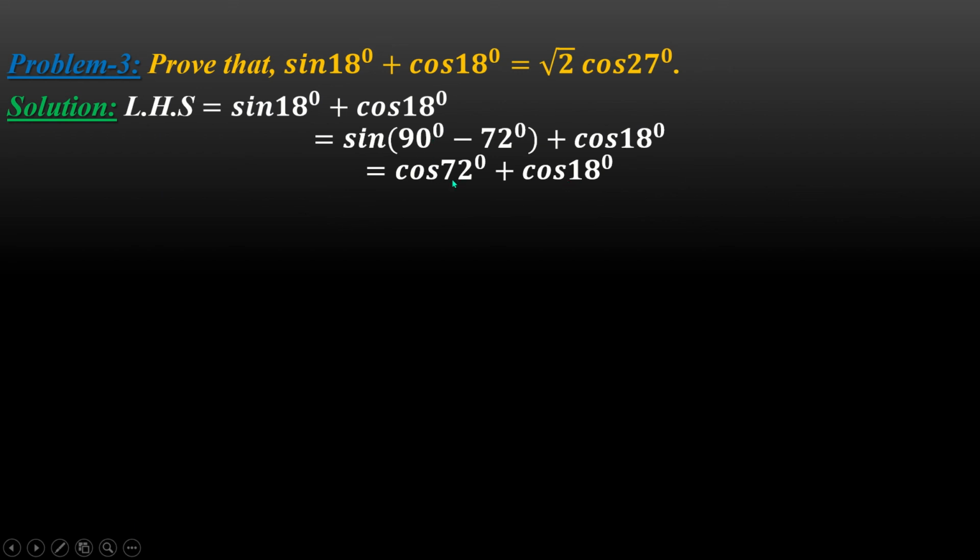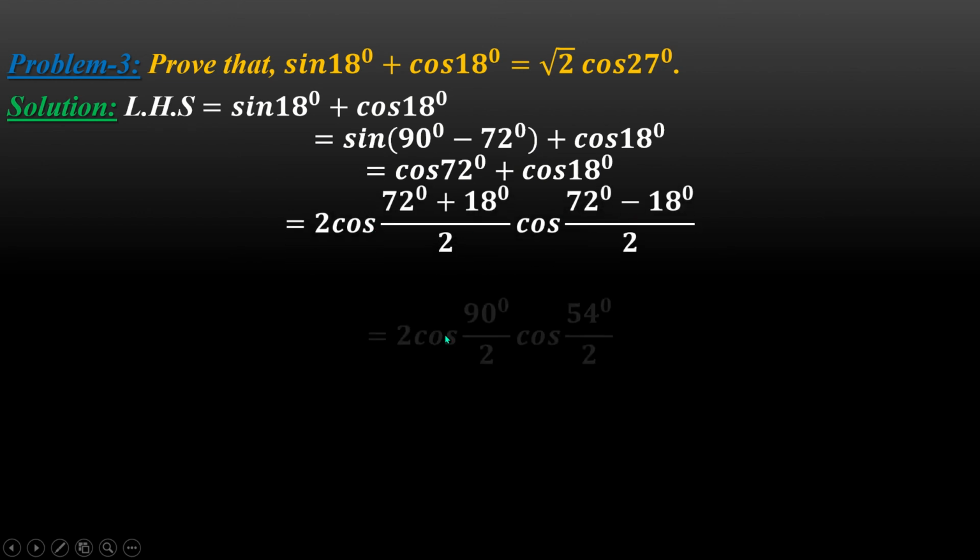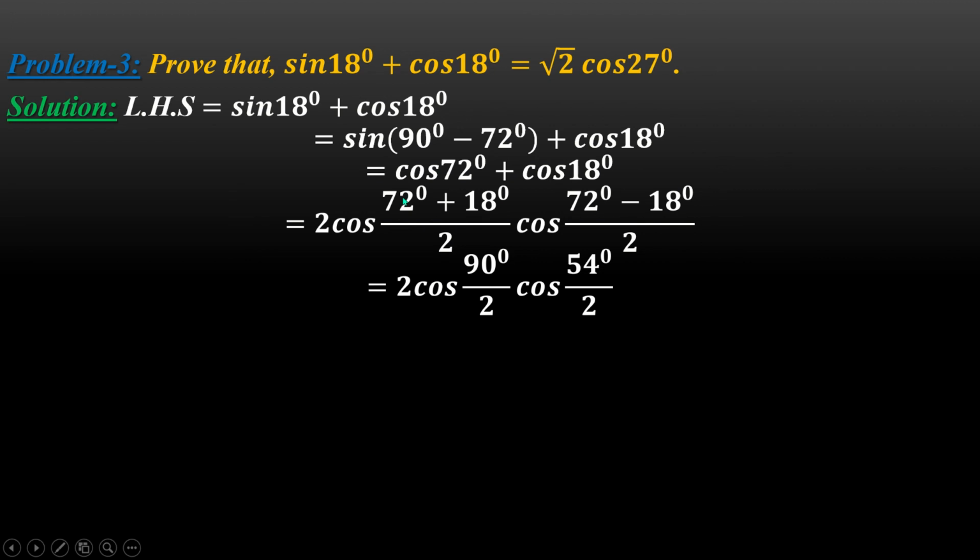This is fixed. Now this makes a formula sine c plus sine d. Sine c plus sine d equal to, sorry, 2 cos c plus d by 2 into cos c minus d by 2. That means this. Clear? And now calculate this and this, will get 90 degree, and this minus this will get 54.